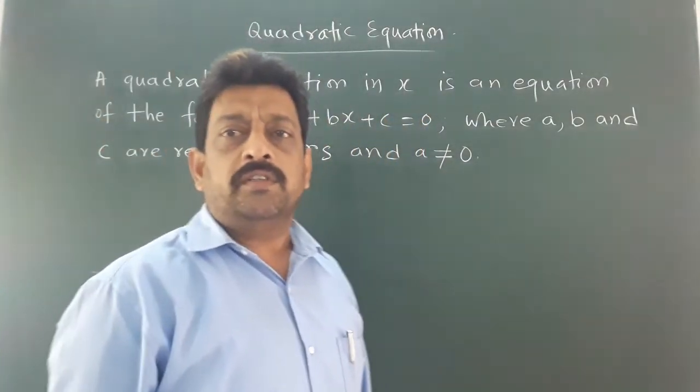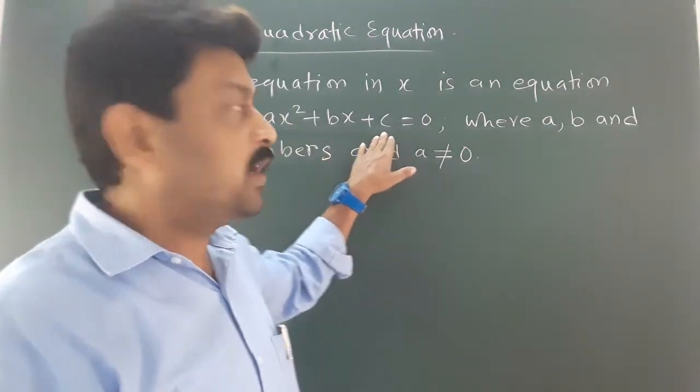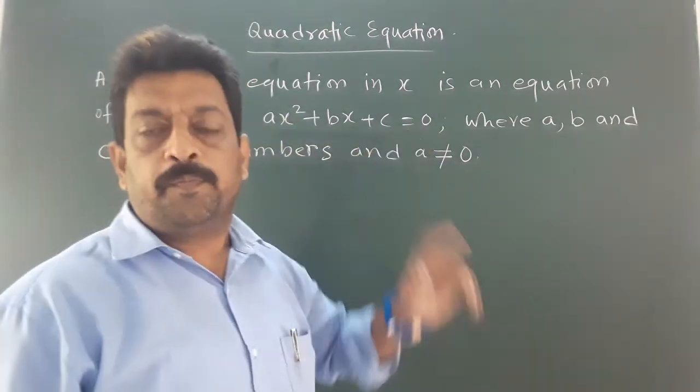All the quadratic equations are in this form. The standard form of a quadratic equation is ax² + bx + c = 0.